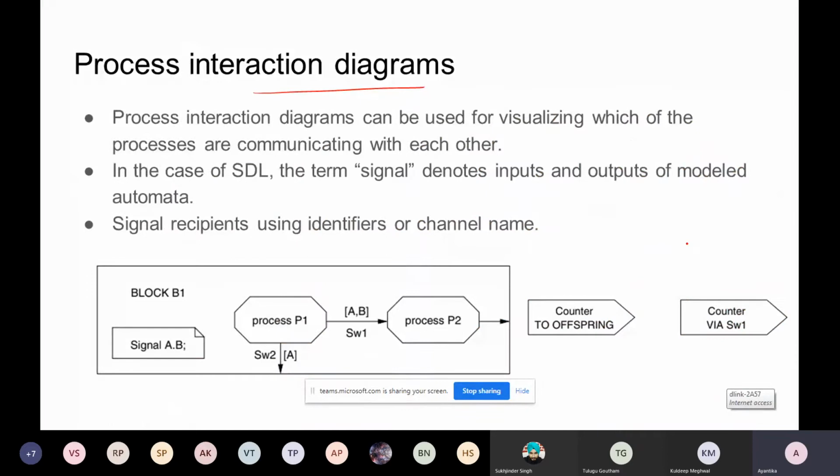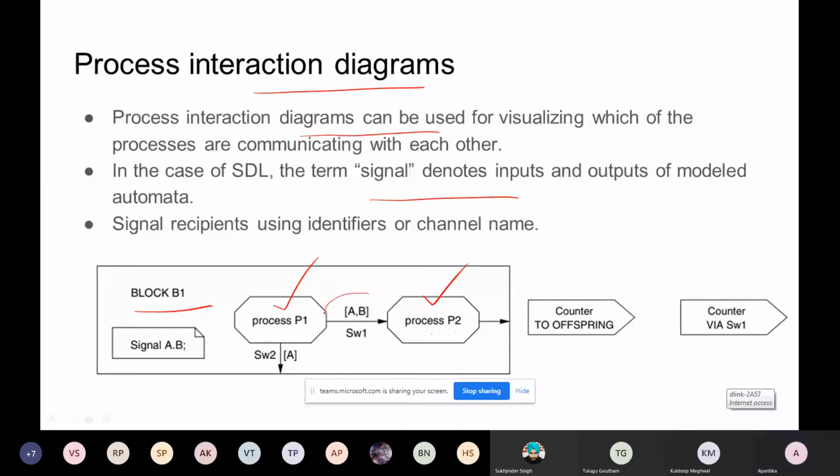So for this, a process interaction diagram is prepared. What does it mean? This interaction diagram can be used to visualize which of the processes are communicating with each other. In the case of SDL, the term signal denotes the inputs and outputs of the model automaton. Now come to this diagram. How are these processes interacting? You can see this is process 1 and this is process 2. Maybe the communication of these two you are considering inside a block, and they are exchanging signals; see, process B1 is sending this signal to process B2.